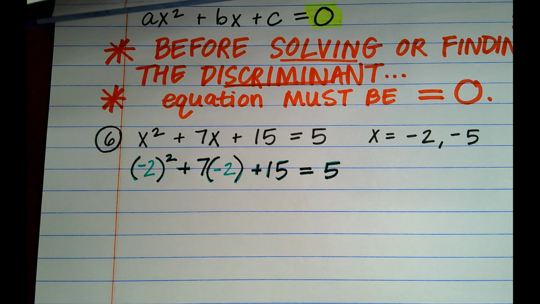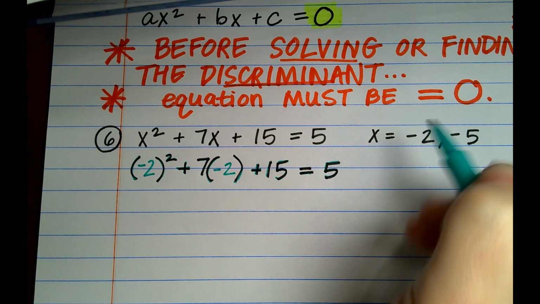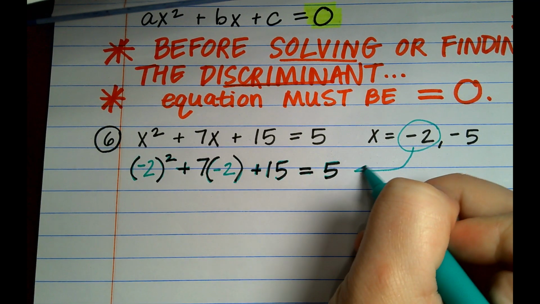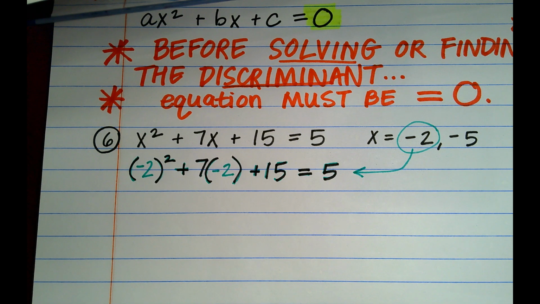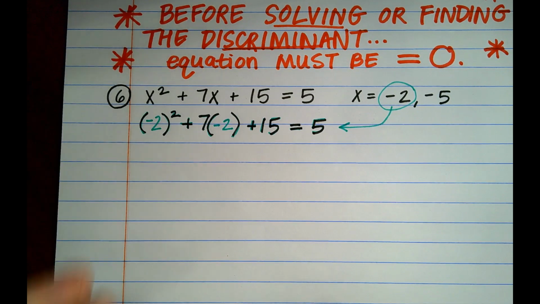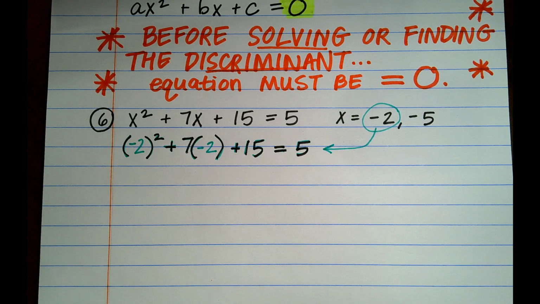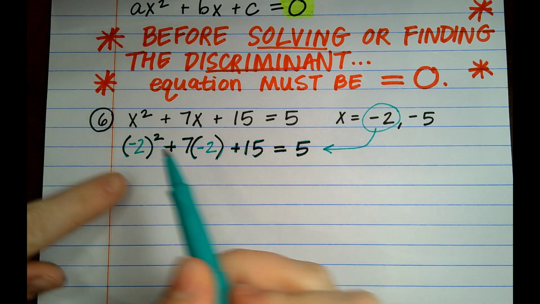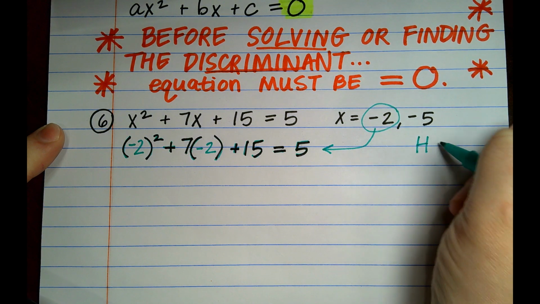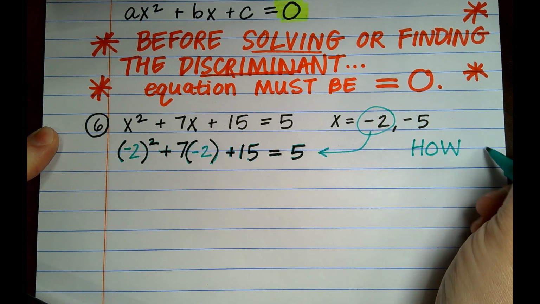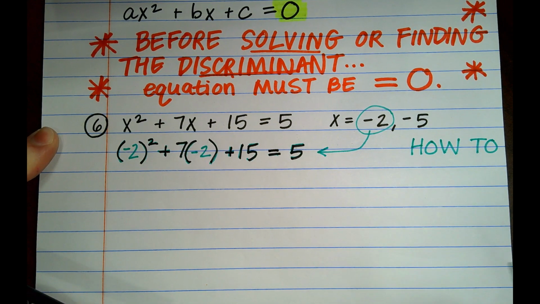Okay, so here's what happened. I just plugged in the -2 for x. And I'm going to also label this because sometimes I get ahead of myself and I forget that the point of taking notes is to be able to look back at them and understand what we wrote. So I'm going to write to the side, this is how to check your answer. If you want to be certain that you did your steps correctly, you can do this when you take a quiz.